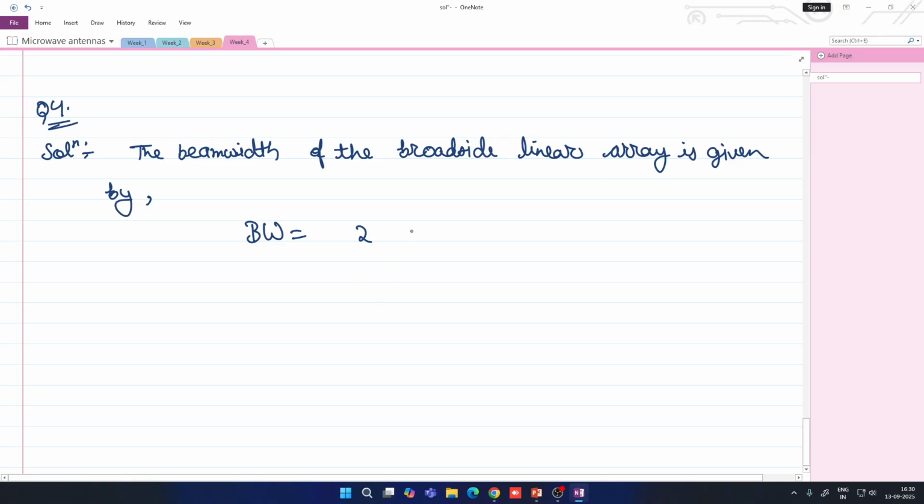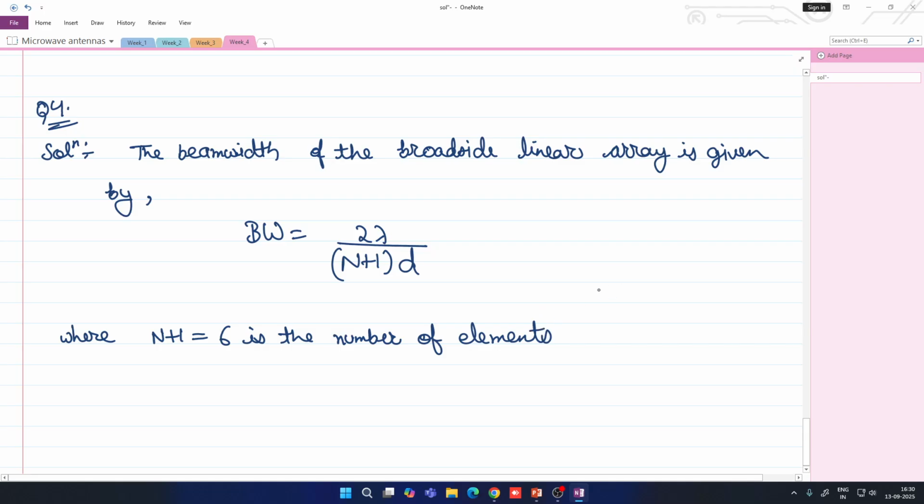So I'm directly writing the formula here. For a broadside linear array, it is given by 2 lambda by (n plus 1) times d, where n plus 1 is the number of elements, which is equal to 6, and d is the inter-antenna spacing.